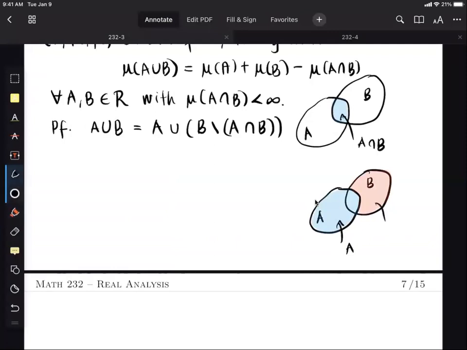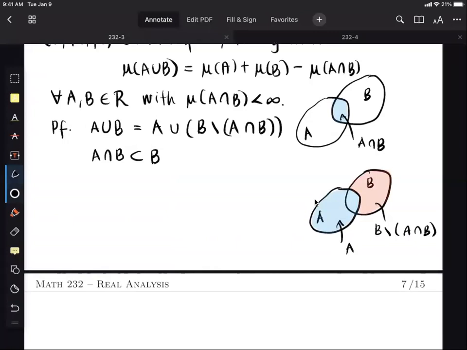So this would be B, and you could subtract the intersection. So take note that the intersection is the one provided in this figure. And note that here, the intersection is a subset of B.